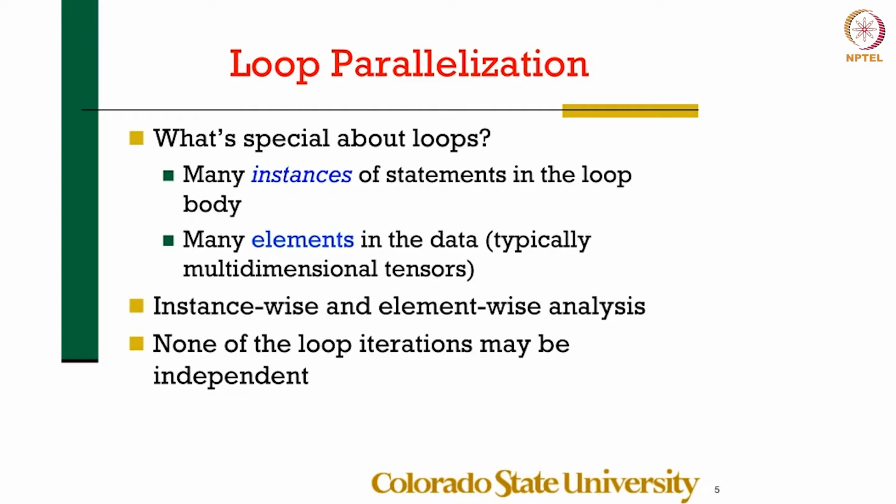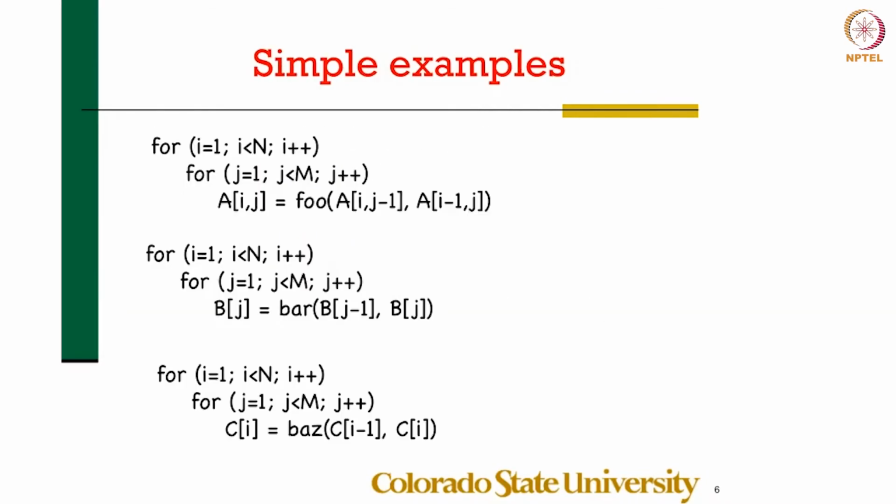And so what you have to do is take this problem of dependence analysis to identify which statements are independent and which statements are not. That problem becomes more complicated. Okay, and we are starting with this simple case that in the original program, none of the loop iterations may be independent.